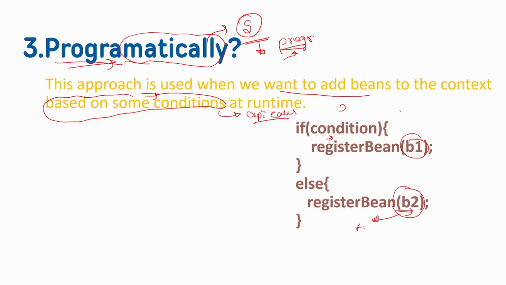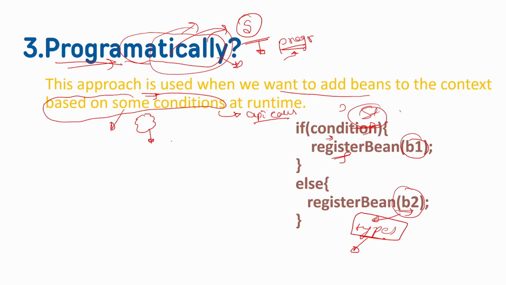This type of conditional object instantiation and adding to the Spring context is not supported by our traditional stereotype or bean annotations. That's why there is a need for adding beans programmatically.